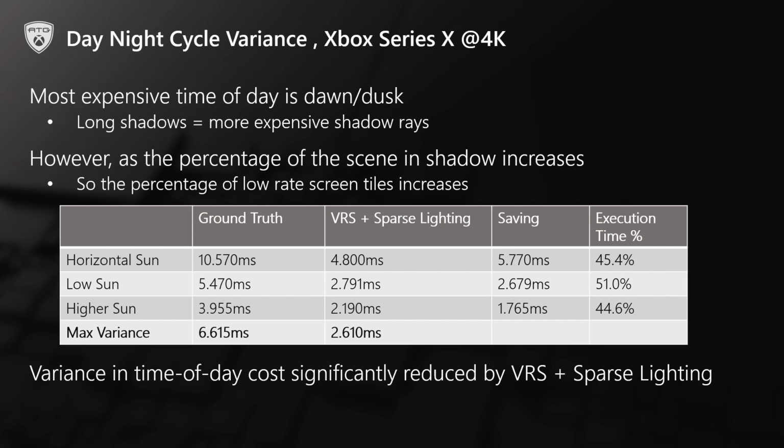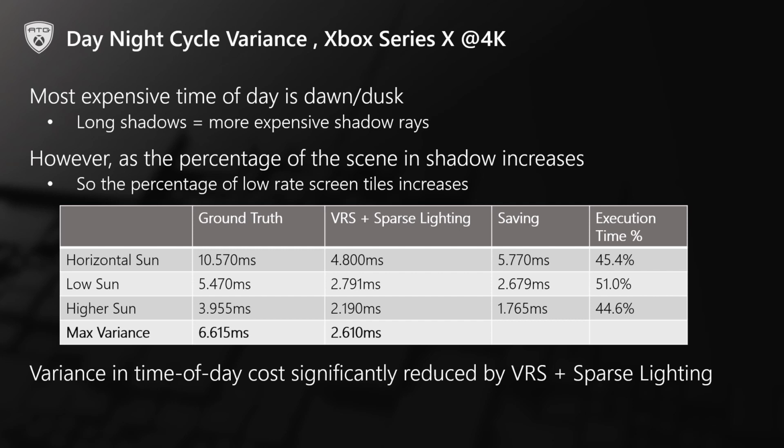However, with variable rate shading and sparse lighting, the lower the sun gets, the more 2x2 rate we have, because the more stuff is in shadow and therefore can be shaded at a lower rate. So this is helping that worst case considerably. We can see here that the horizontal case is only 4.8 milliseconds, so it's less than half the time.